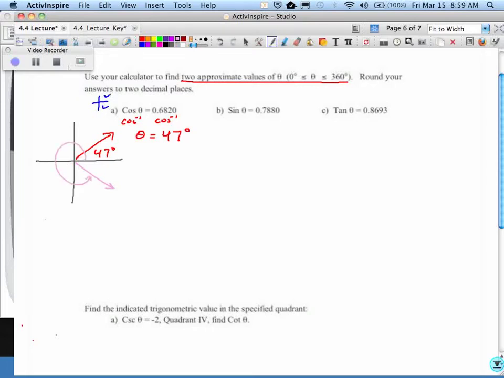I don't know what the purple angle is, but I do know the reference angle. That 47 degrees is my reference angle. If I follow the purple arc all the way around, I'm 47 degrees short of 360. How much is that? 313.